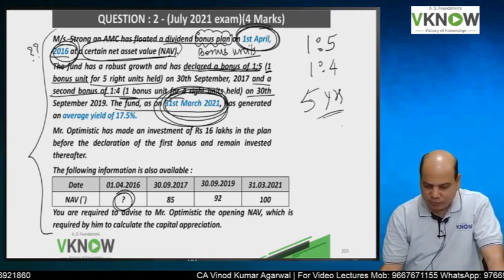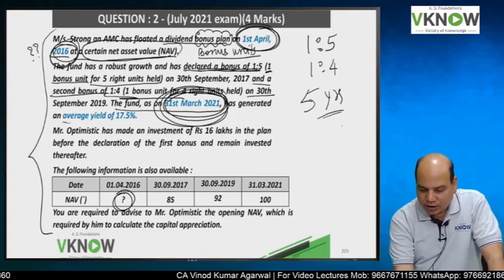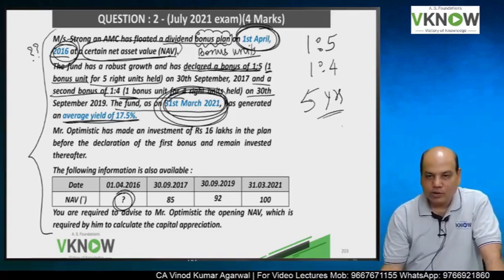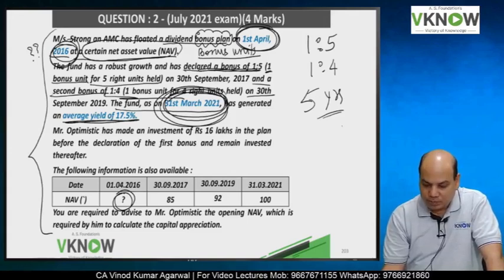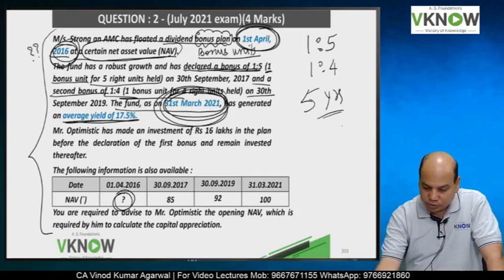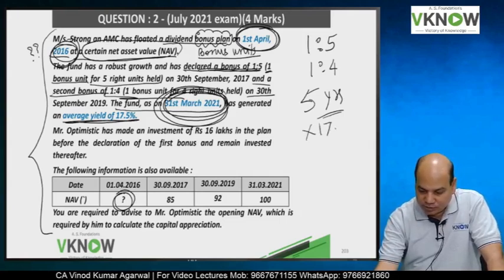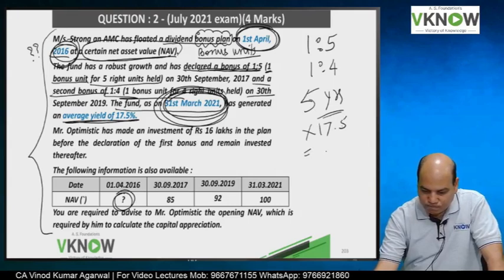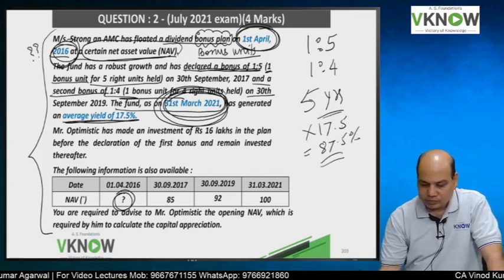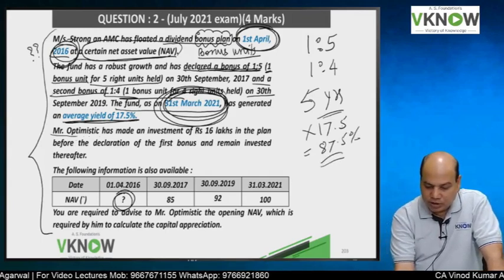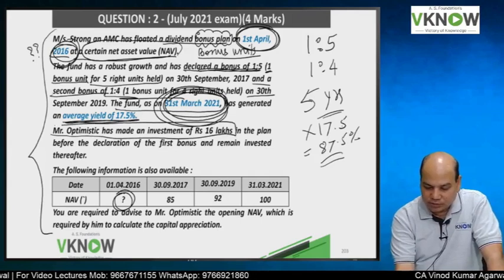5 years are over. So after 5 years they find that the average yield is 17.5%. That means the investor has earned on an average 17.5% per annum. So in 5 years' time, how much has he earned? Multiply. 87.5% he has earned. Mr. Optimistic has made an investment of 16 lakh.